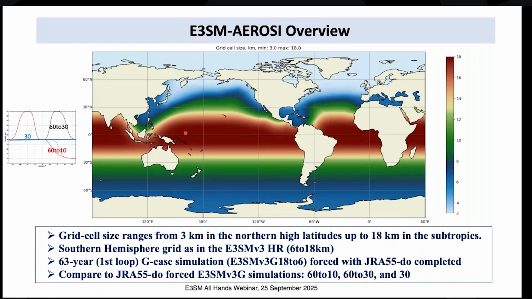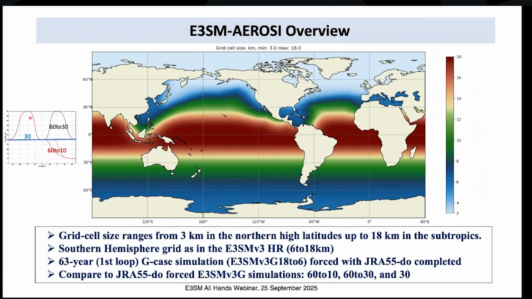So basically, the light cyan color here represents 3 kilometers or less over the region as it's shaded. We also iterated the grid in the northern hemisphere to represent the western and eastern boundary currents. Go with the high resolution into the Mediterranean and the Gulf of Mexico, or Gulf of America, and so forth.